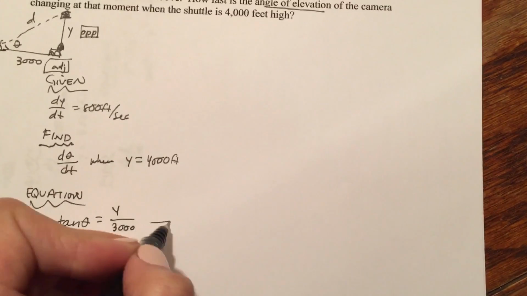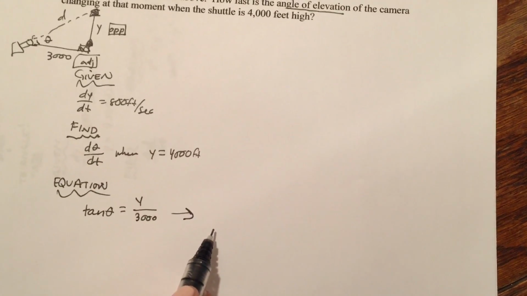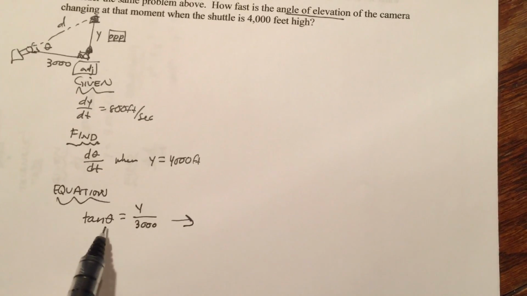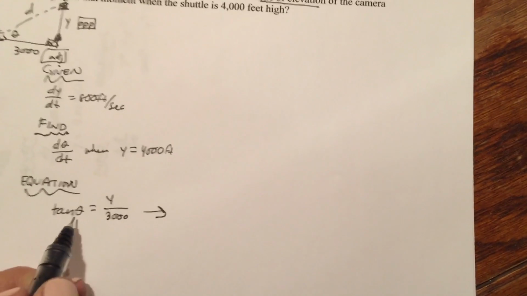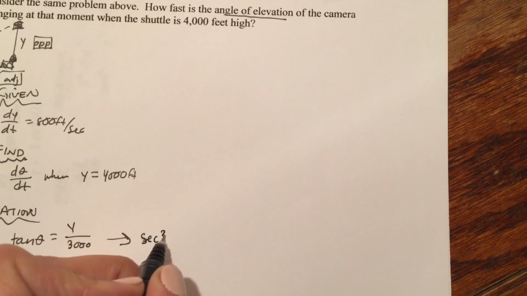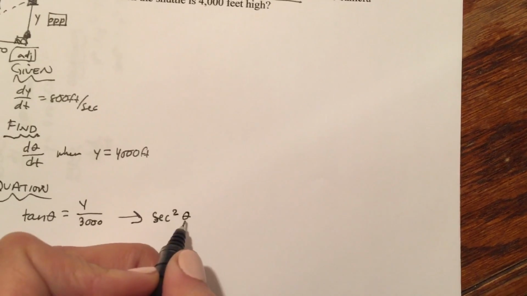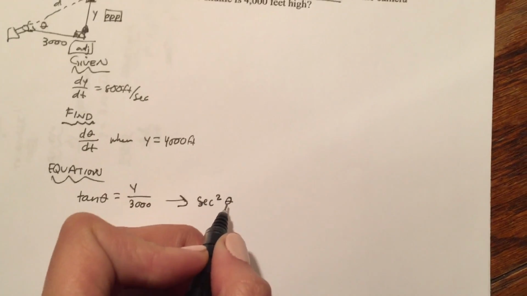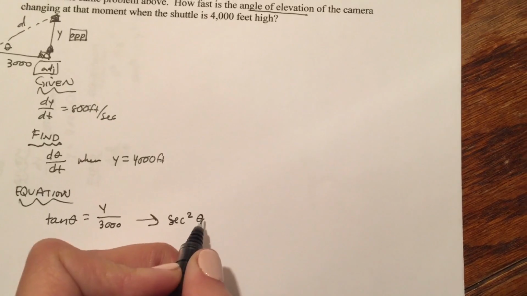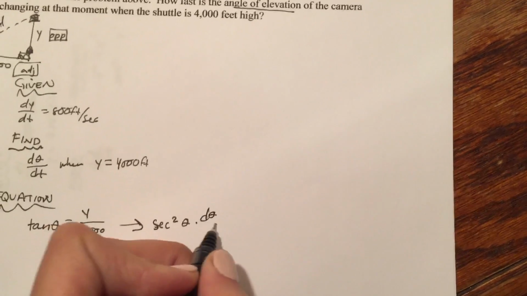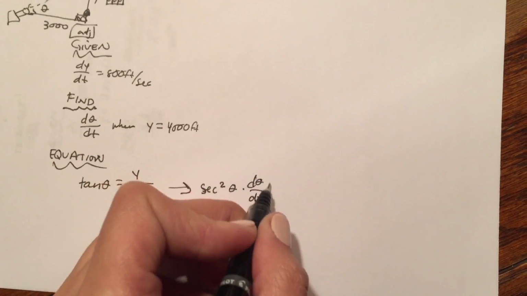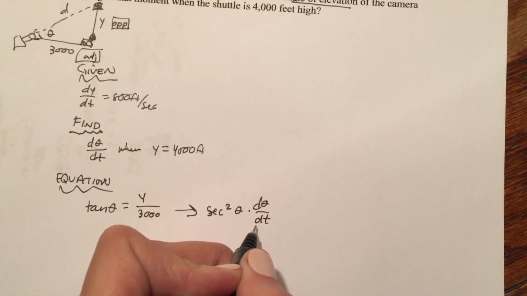But what I'm looking for is d theta dt, not theta, okay? So I need to find the derivative, right? And now it's not as bad as you think because we can just take these implicitly. So the derivative of tan of theta is secant squared of theta, but again, with respect to time. So chain rule, the derivative of theta with respect to time. Once we do that is d theta dt, and that's where our variable finally appears that we're going to be solving for.